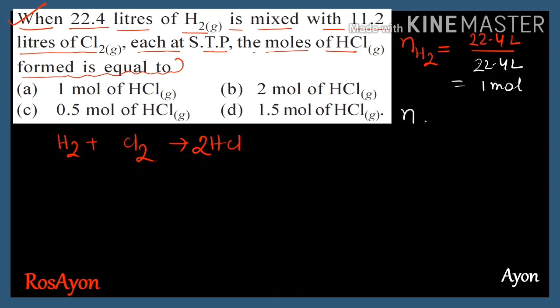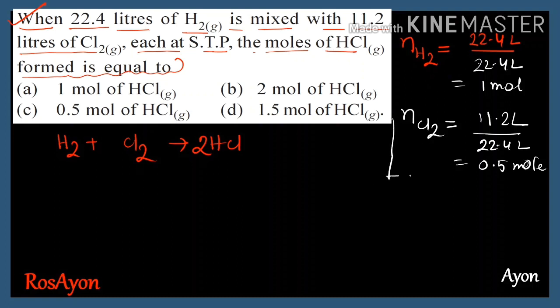Number of mole of Cl2 is equal to 11.2 liter divided by 22.4 liter, that is equal to 0.5 mole. So these two are the number of moles.